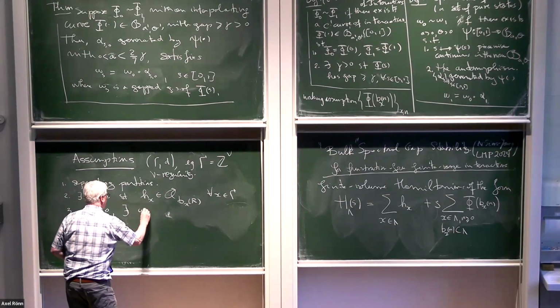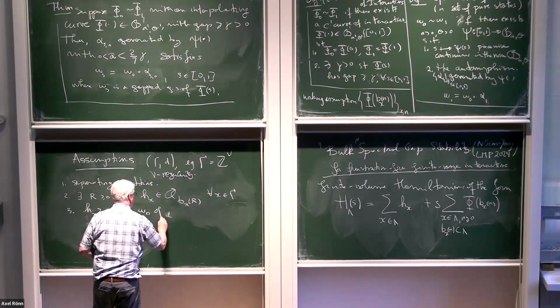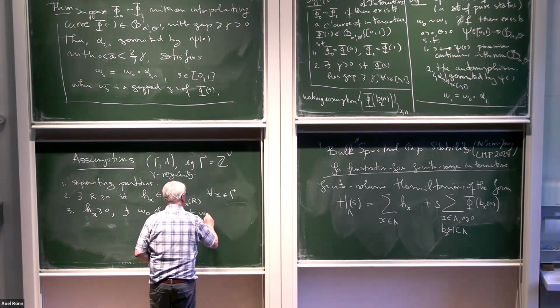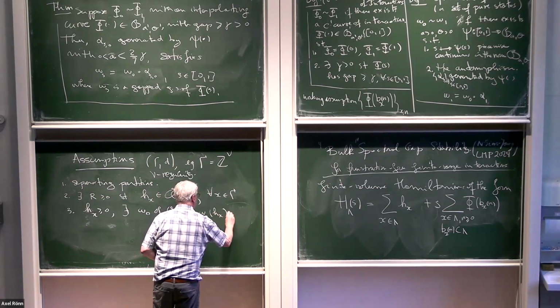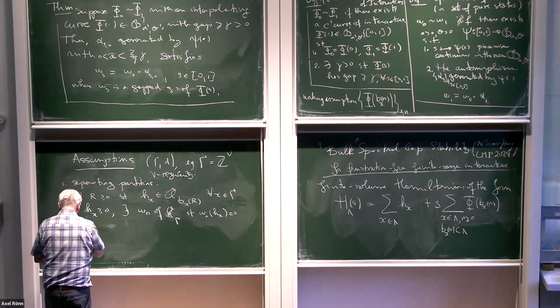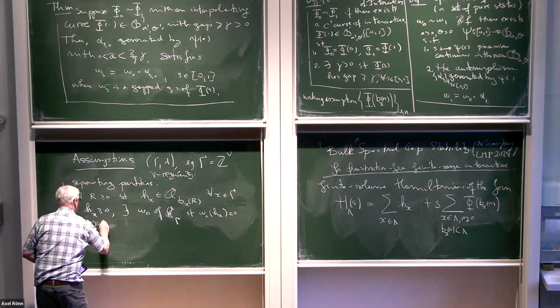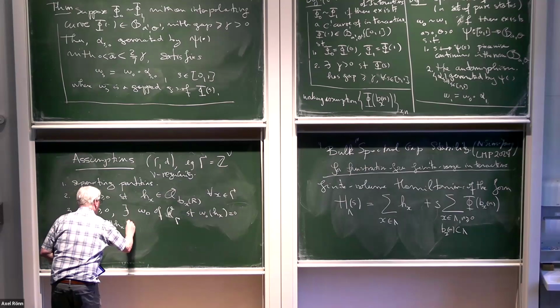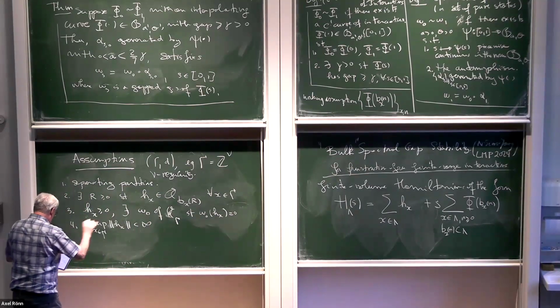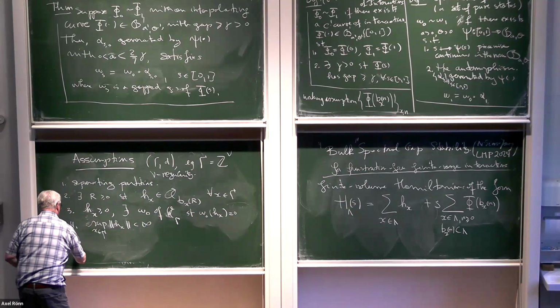So there exists an omega 0 of my system such that omega 0 of Hx vanishes. I have uniform boundedness. So the sup over X in gamma of the norm of Hx is finite. So these are kind of very innocent conditions that you expect.